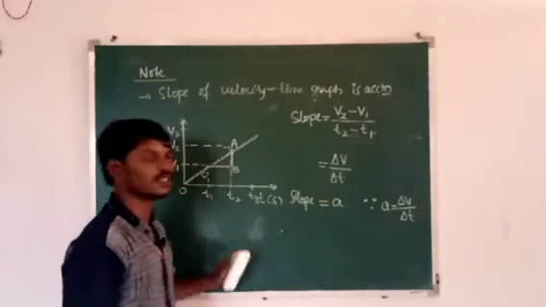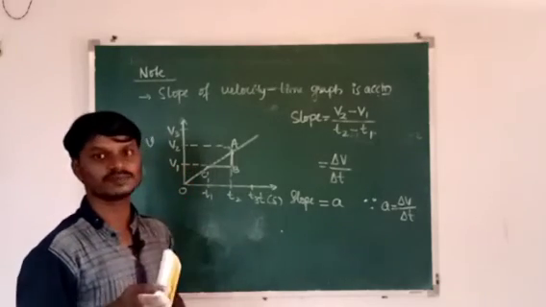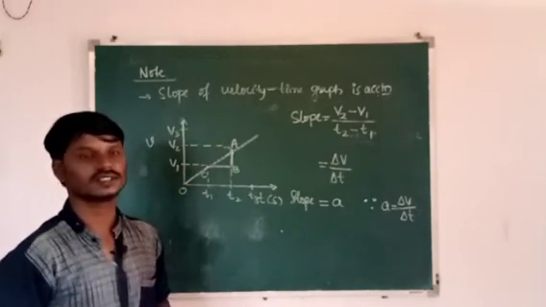Okay. Then next, what about the second note? The area under velocity versus time graph gives the displacement of the object.